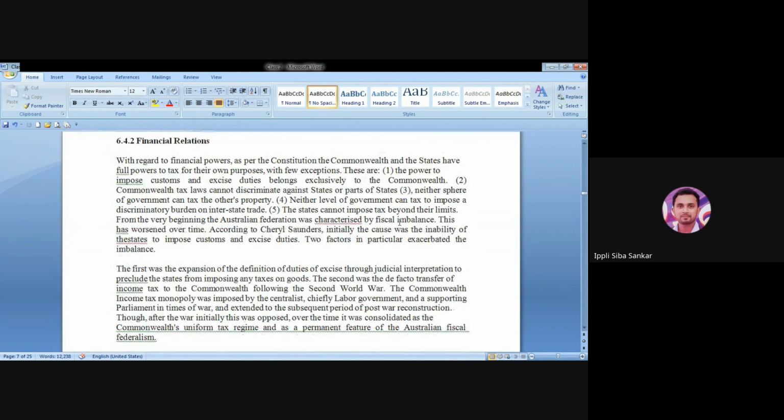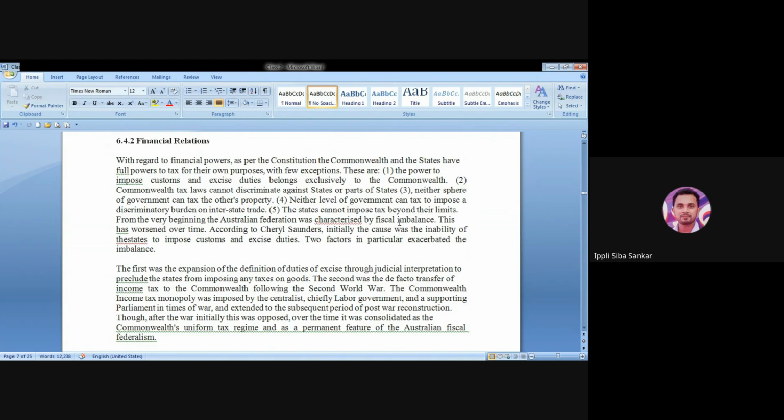Financial relationship. With regard to financial power, as per the Constitution, the Commonwealth and the states have full power to tax for their own purposes, with a few exceptions. The power to impose customs and excise duties belongs exclusively to the Commonwealth.